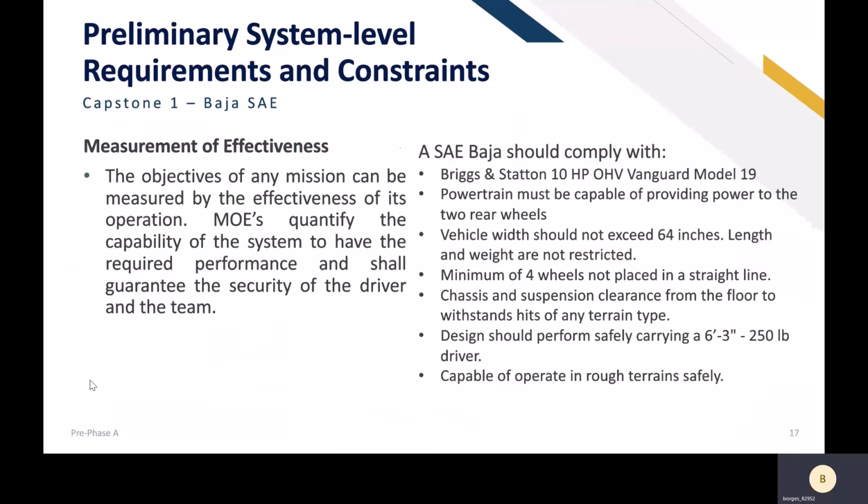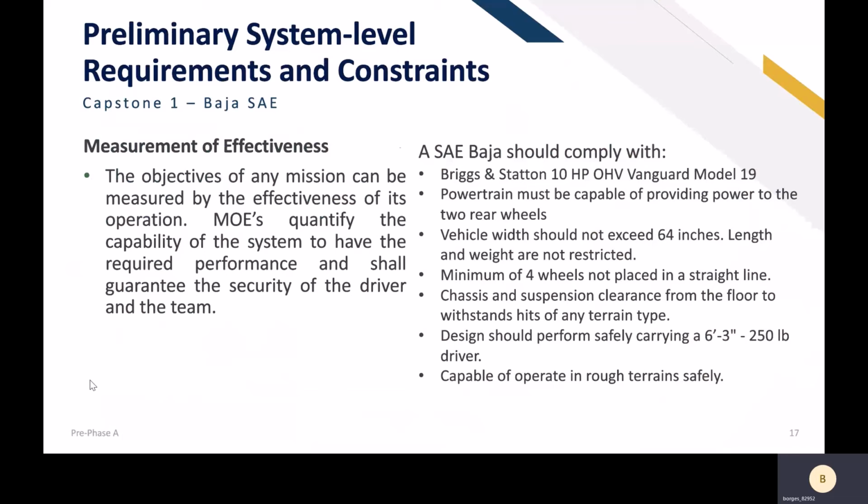The objectives of any mission can be measured by the effectiveness of its operation. Measurements of effectiveness quantify the capacity of the system to have the required performance and comply with the rules of the competition.